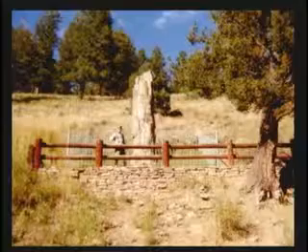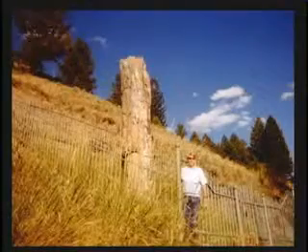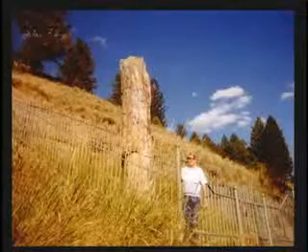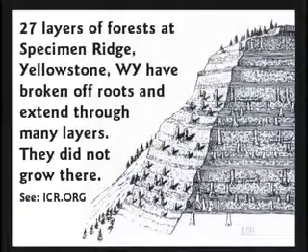The standing petrified trees in Yellowstone National Park are very interesting. There's one place, when I was up there, you can see me standing next to one here, where there are 27 consecutive layers containing petrified trees standing up. The evolutionists have always said, see, these trees average 500 years old apiece, because they count the rings in the petrified wood.